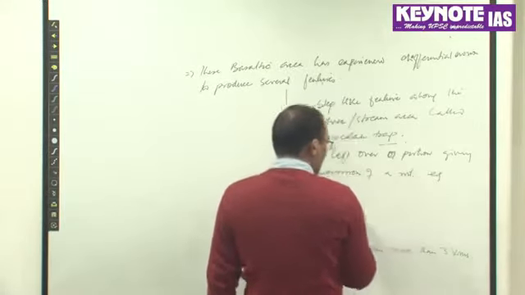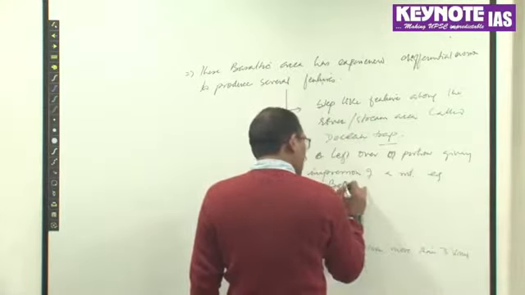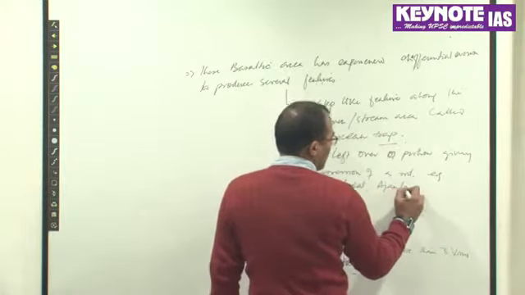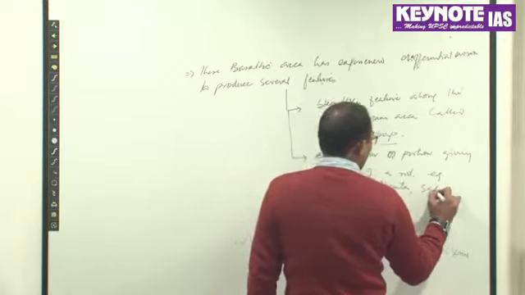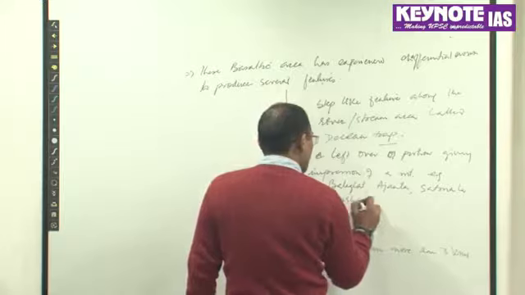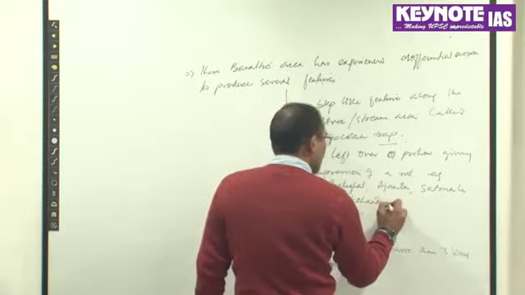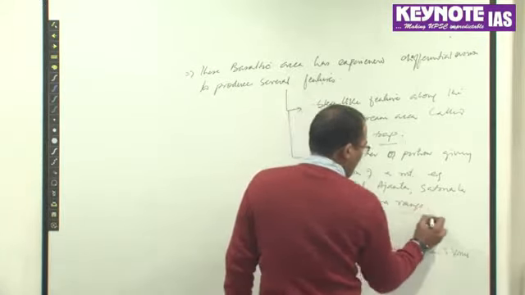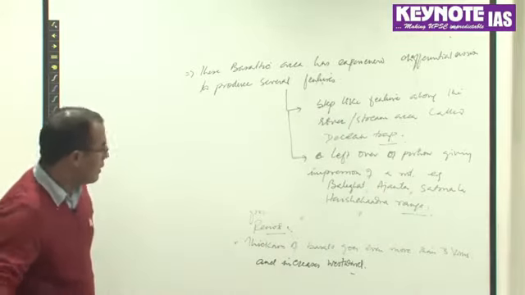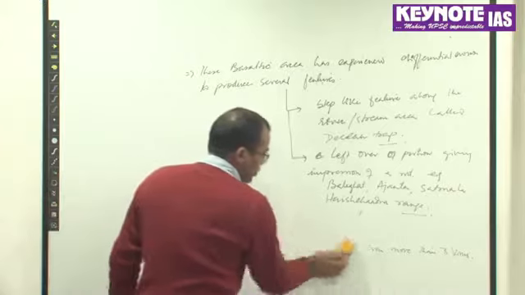For example, Balaghat, Ajanta, Satmala, Harishchandra range. They are not mountains. They are basically the leftover portion because of differential erosion.